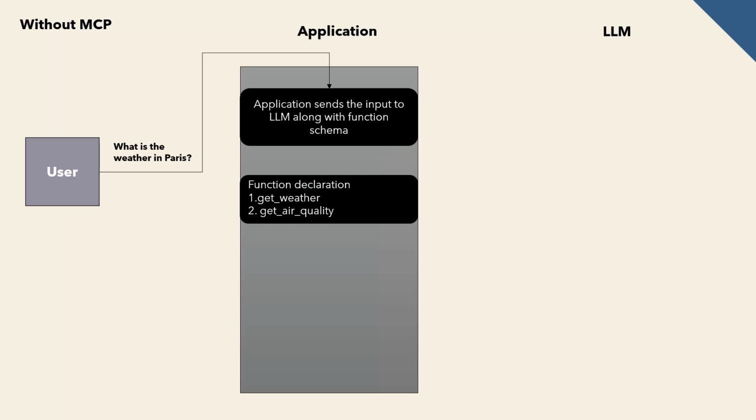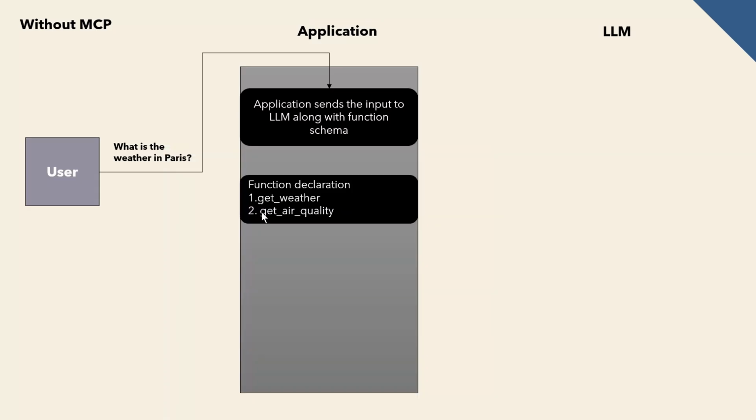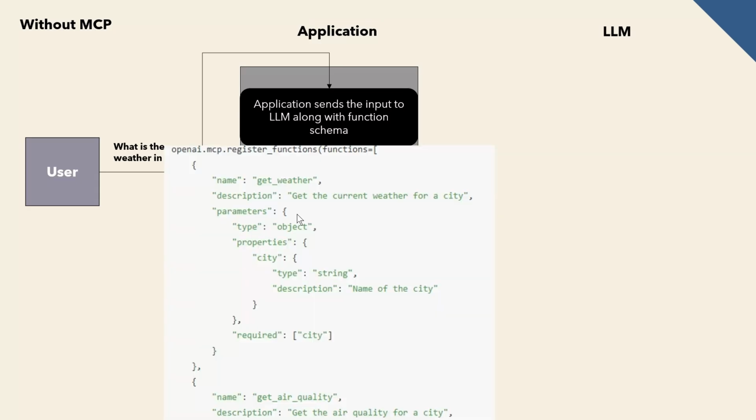I have put the example here where the get weather function takes parameters, a string description, the name of the city, and then there is the get air quality check. These are the two functions which we have defined in our application, so that the LLM knows about these tools. Because the LLM is not aware of all your custom tools.